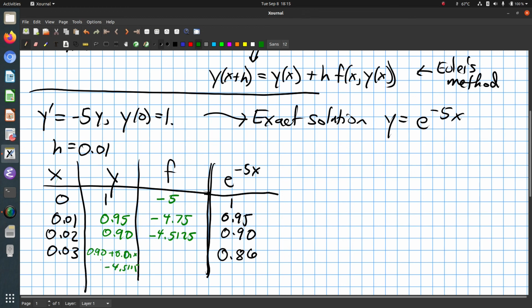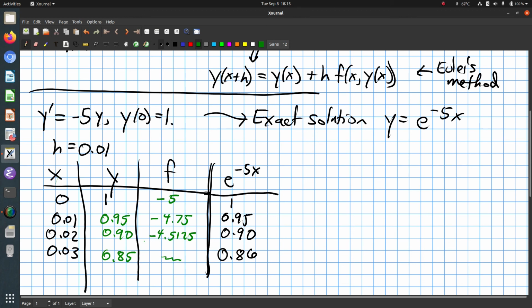Okay, typing that into the calculator, I get 0.85. Pretty close. And of course, we don't need this entry here. Now, as you can see, there's a lot of arithmetic involved, but at least it's coming up with an approximation that seems to be tracking the exact solution pretty well.